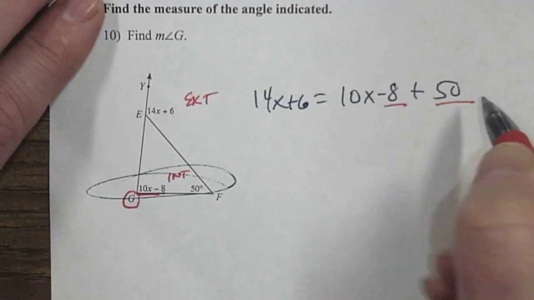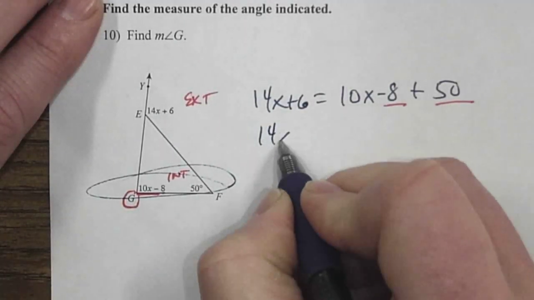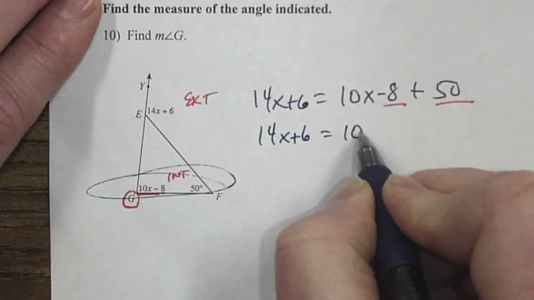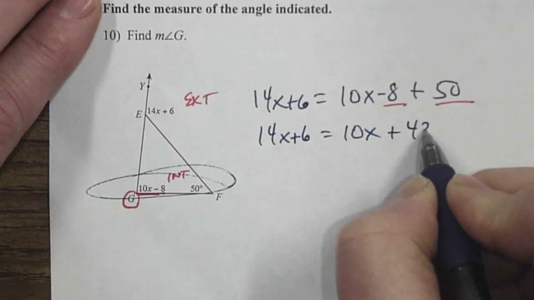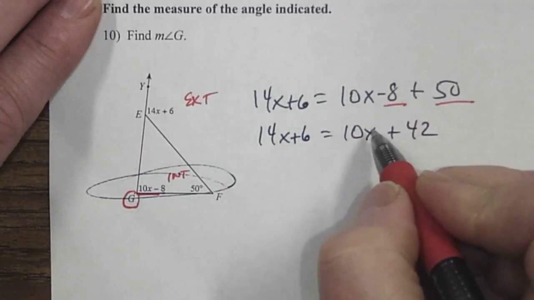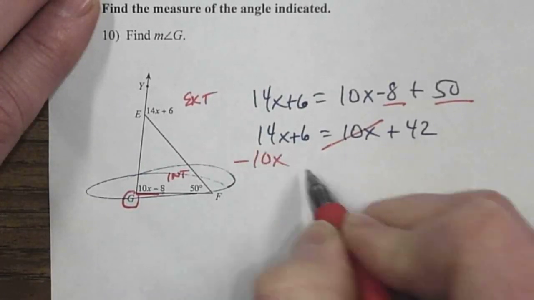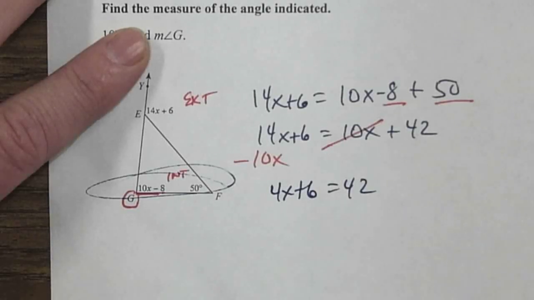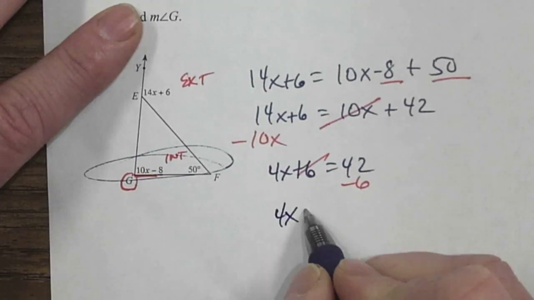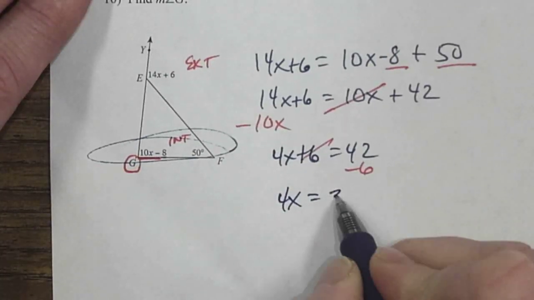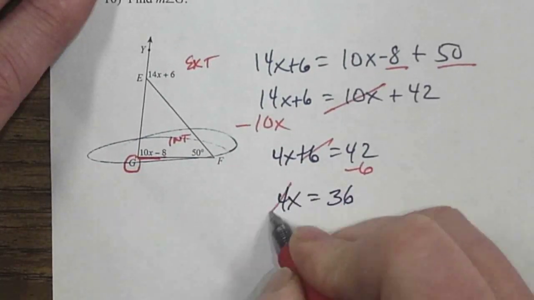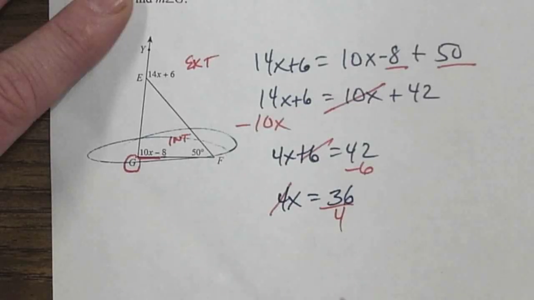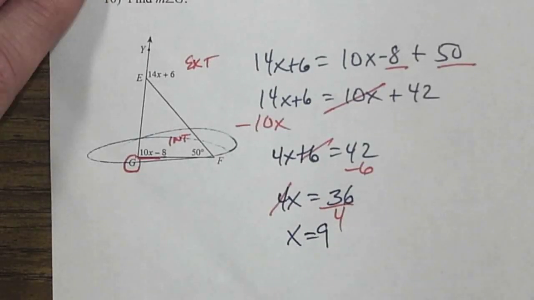Combine the like terms, we're going to go negative 8 and 50. 14x plus 6 equals 10x plus 42. We're going to combine variables by subtracting 10x. 4x plus 6 equals 42. We're going to subtract 6 and get 4x equals 36. Divide by 4 and x equals 9.